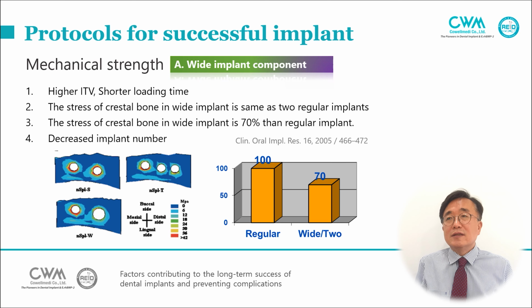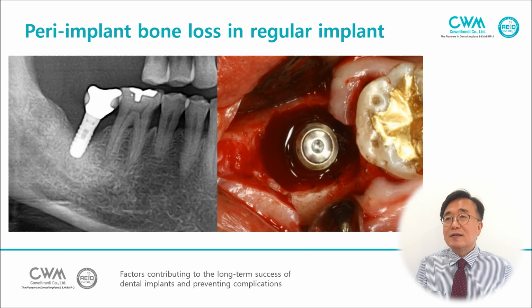And so the stress of crestal bone in wide implant is 70% lower than regular implant. So we can reduce implant number with a wider implant. So then we have to use wide implant if the ridge width is enough.